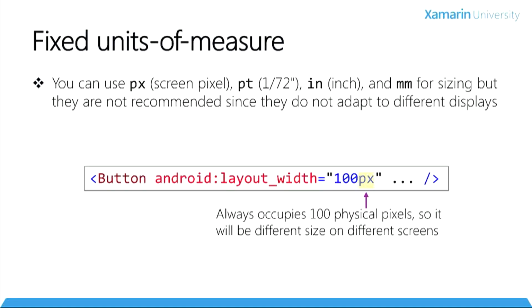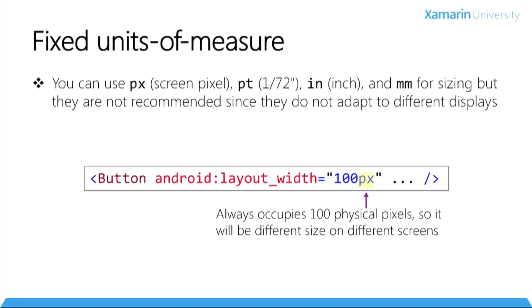This style of layout is not recommended because your app won't adapt if it's run on different screens. So for example, let's say we have the button that we have there on the screen. We've hard-coded 100 pixels for the width. If we run this on a super high resolution display, like let's say 500 dots per inch, this button is going to occupy only 100 pixels.